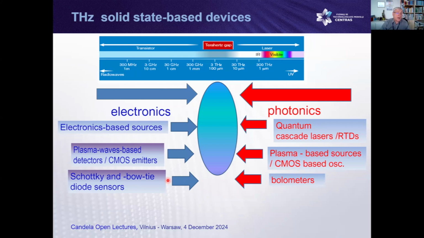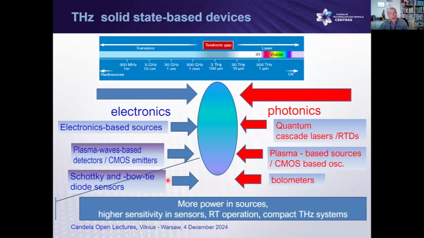An idea is how we can combine a terahertz system, because we need more power in sources, high sensitivity in sensors, room temperature operation as well, keeping in mind that the whole system should be compact, and of course, if possible, to realize it without optical alignment would be absolutely fine.